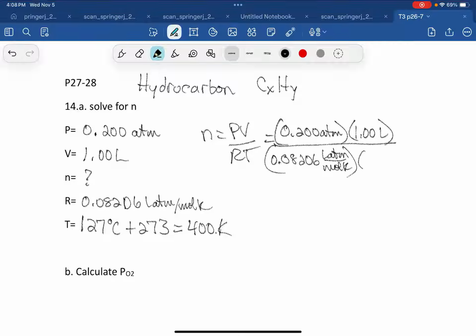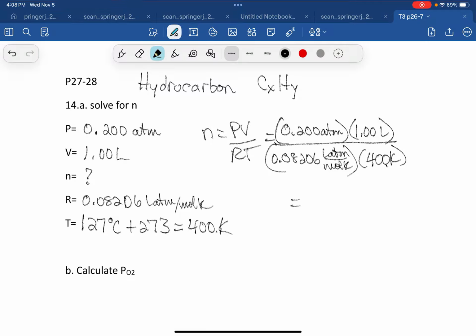And T is 400. I'm going to punch all that into my calculator. 0.006092 moles. And we probably should only have 3 sig figs since we're having an answer here. So 0.00609 moles.